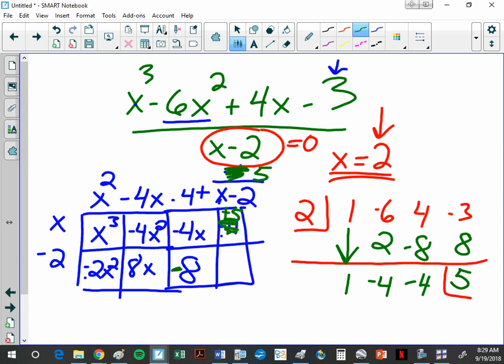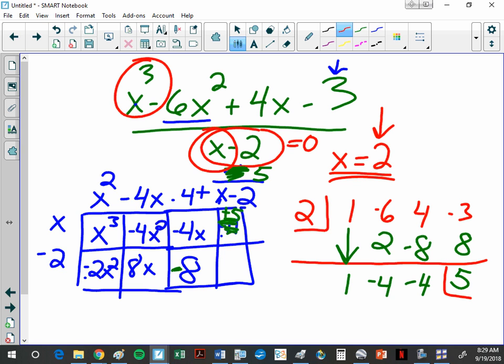Okay? Now, the cool thing about this is, not only does it tell us the remainder 5, it also gives us the equation. So my original division was an x to the third divided by an x. What happens when you take x to the third and you divide it by x? You get x squared.